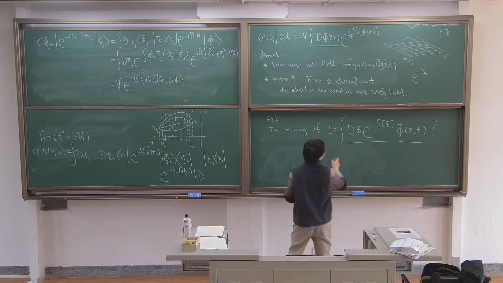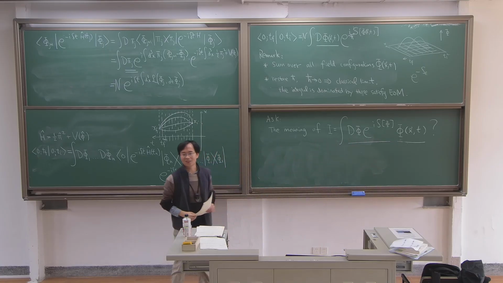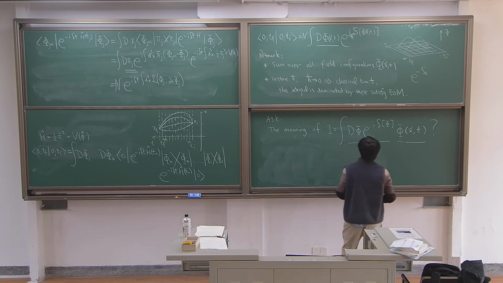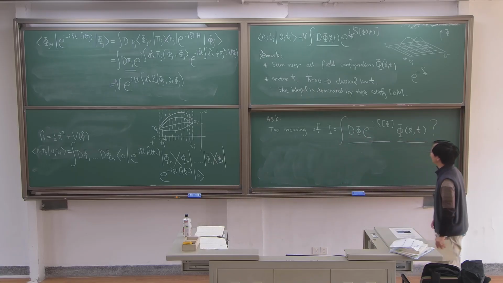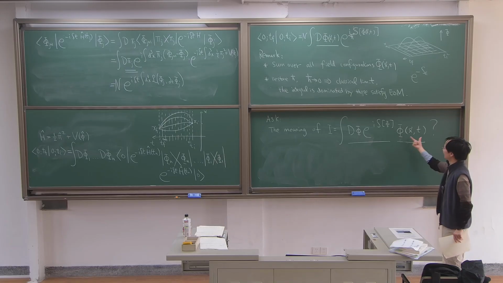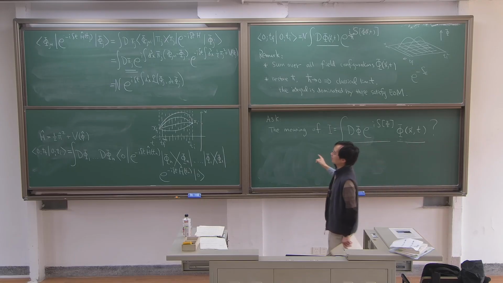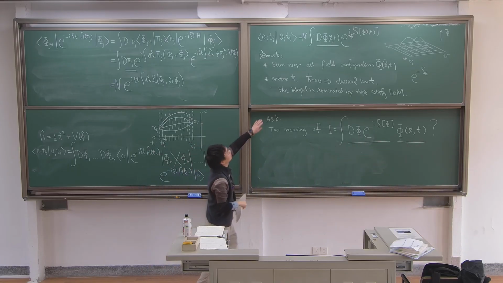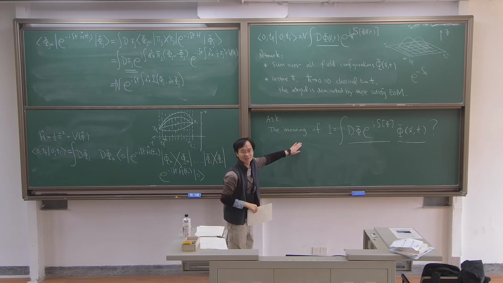Now, how to answer this question is very, very challenging. This is my first day to meet this path integral. How should I deal with this question? So, the idea is always go back to this Hamiltonian picture. Always go back. That's the idea.